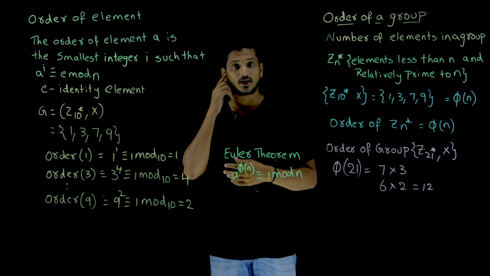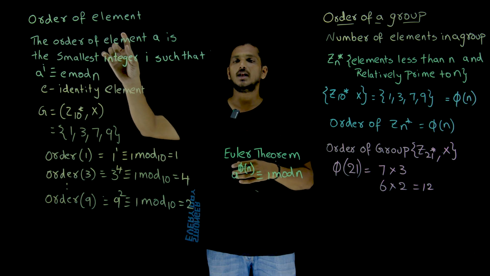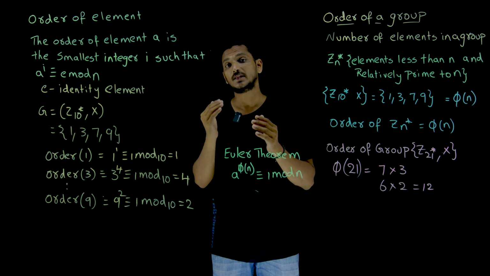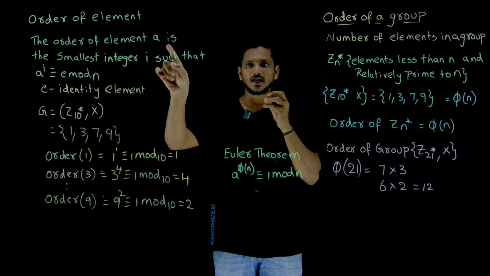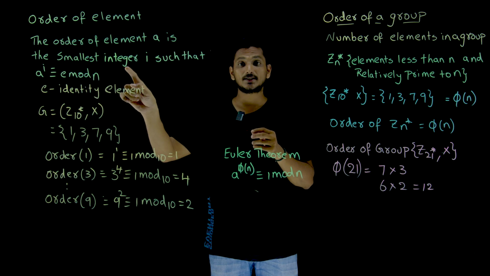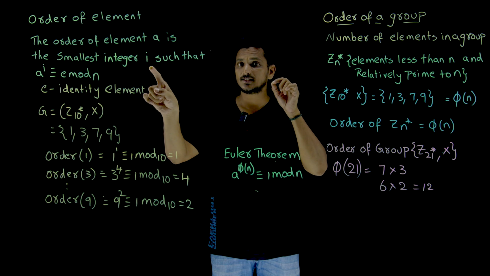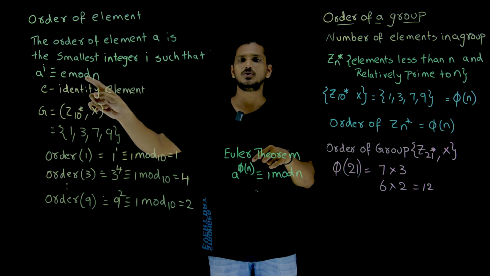Now we need to understand what is meant by order of an element. First understand the definition. Anyhow, you will get good clarity with an example. The order of element A is the smallest integer I such that A power I is congruent to E mod n.